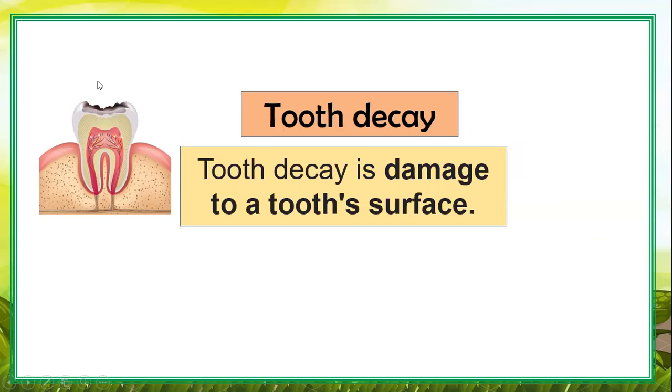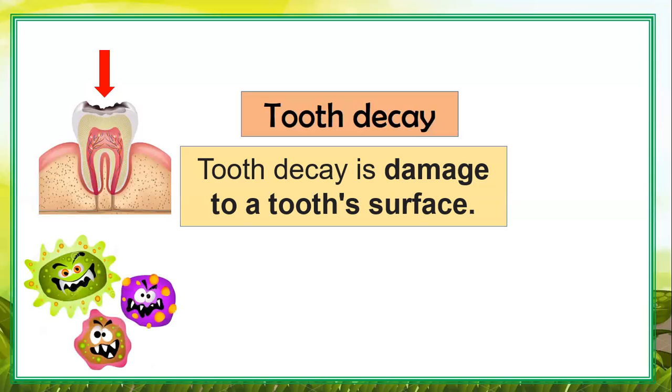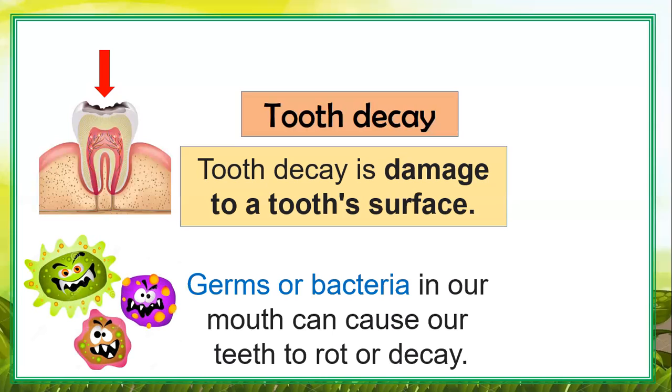So this is the damage in our tooth's surface. So what do you think is the cause of tooth decay? All right, it is because of the germs. So germs or bacteria in our mouth can cause our teeth to rot or decay.